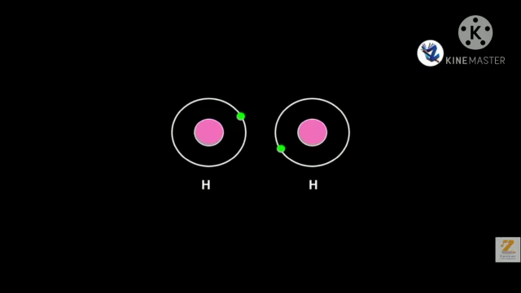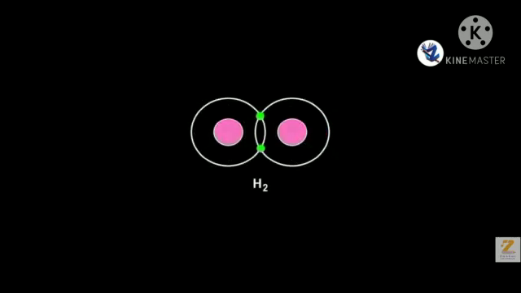A hydrogen atom contains 1 electron. Its duplet is short of 1 electron and thereby the valency of hydrogen is 1. The 2 atoms of hydrogen are identical and have a similar tendency, and therefore they share their electrons with each other. As a result, the electron duplet of both the hydrogen atoms is complete and a chemical bond is formed between them.